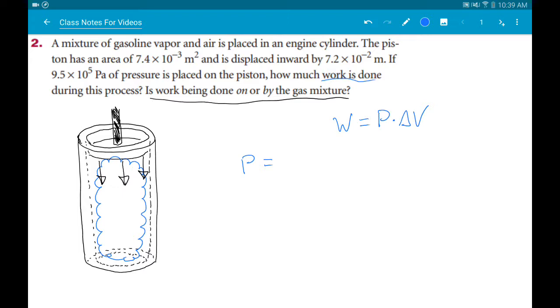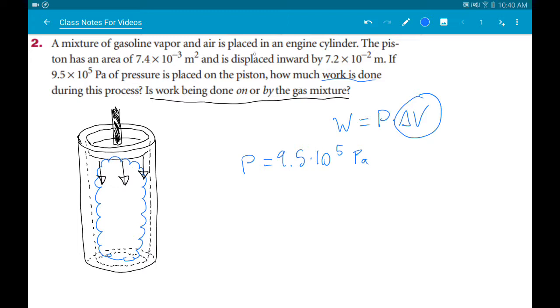So we've got our pressure, and then we just need to find our change in volume. Pressure is already given as 9.5 times 10 to the 5th pascals. And then we have a change in volume. That's the question that we need to answer here.